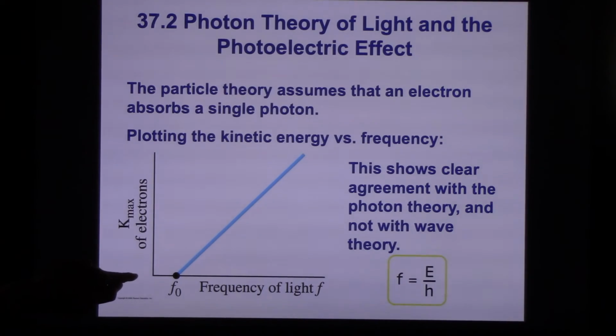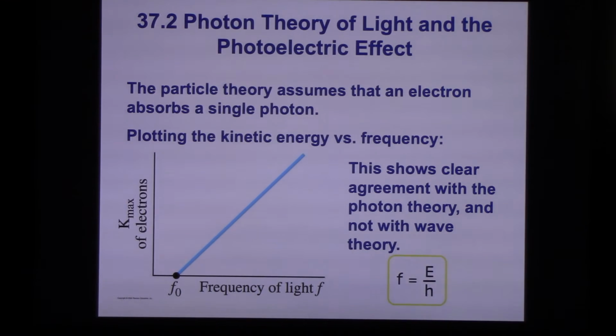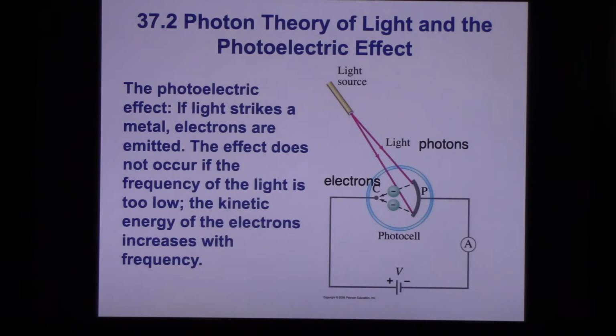Now, for very low energy photons, nothing happens because there's a binding energy of the electrons in the material. But once we cross a threshold energy, we begin to see that electrons are being produced, and they're being produced with more and more energy.